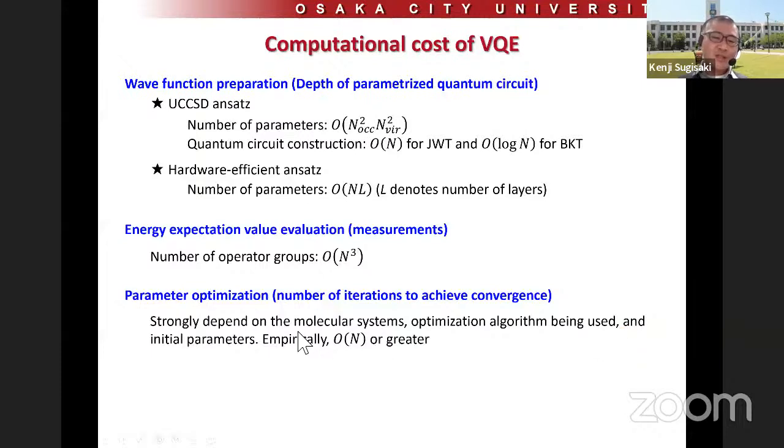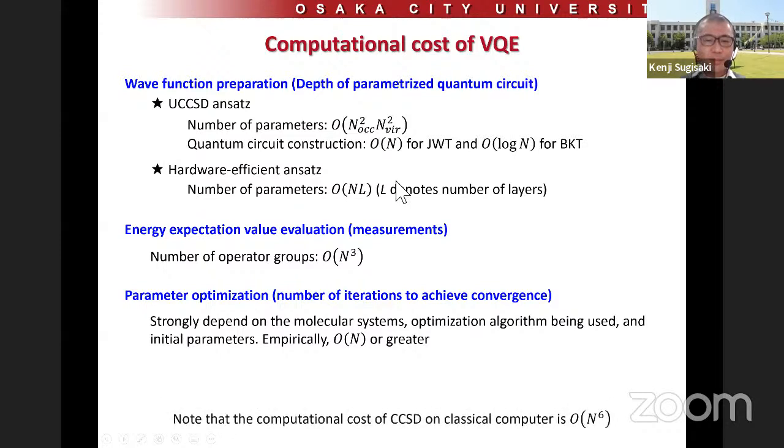But empirically, order n or greater. Maybe empirically the computation cost for parameter optimization is almost proportional to the number of parameters. An important thing to note is that the computation cost on a classical computer is order n to the sixth power.